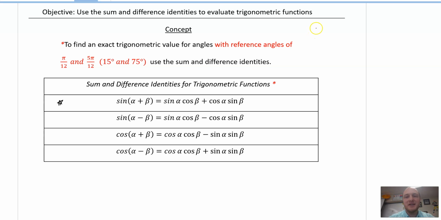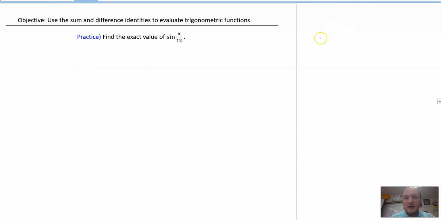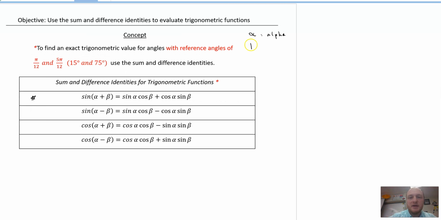First, I just want to identify those symbols for you. This is alpha, and this is beta. Greek letters, alpha and beta.